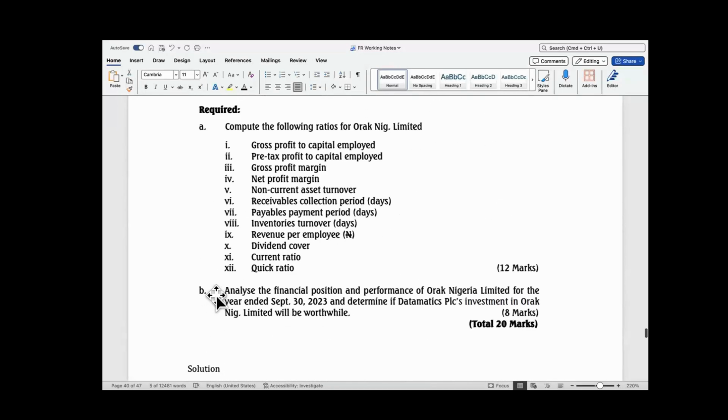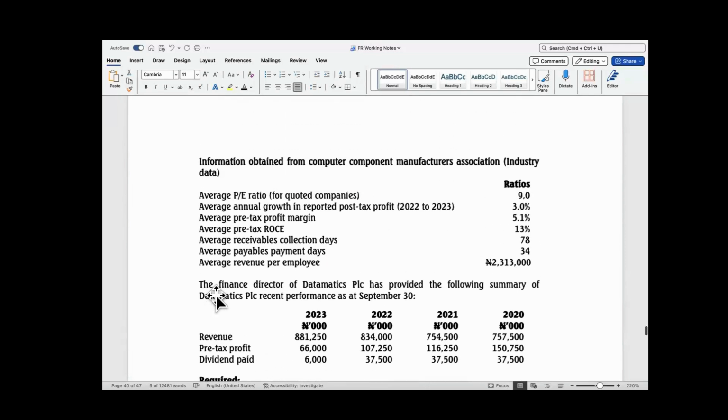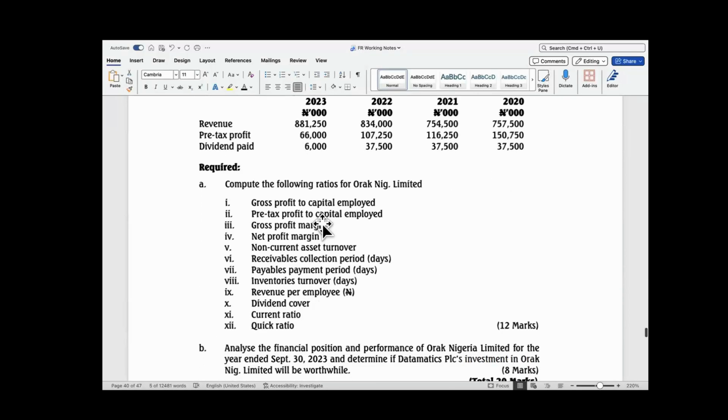For the gross profit to capital employed, we don't have industry average for that, so quite difficult. But I have industry average for pre-tax profit margin, and I have pre-tax ROCE. Okay, good. So these two I can use as a basis for my comparison.